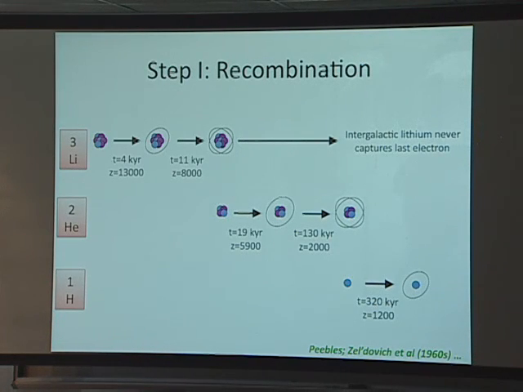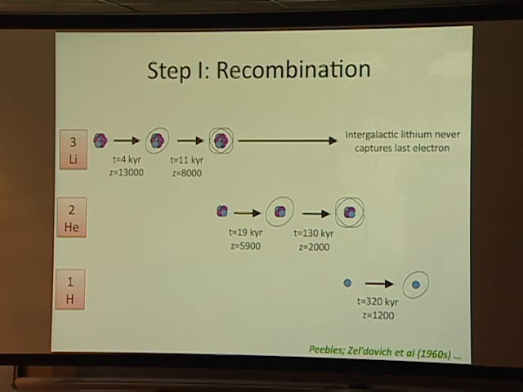All right, so I'll start with the forward calculation approach. We just heard a very nice talk from Jens about the recombination epoch, during which the three elements produced in Big Bang nucleosynthesis go from being fully ionized to either neutral or partially neutral. The lithium doesn't actually recombine in the recent calculations we've done.